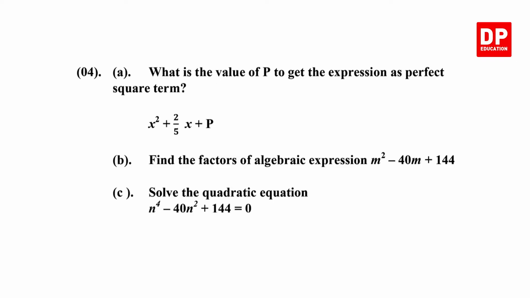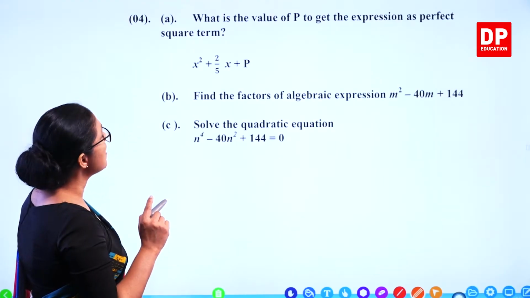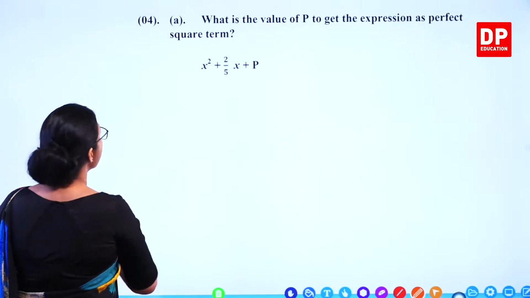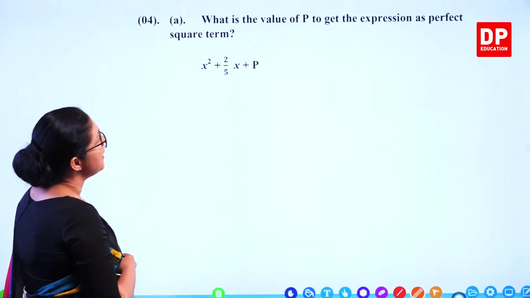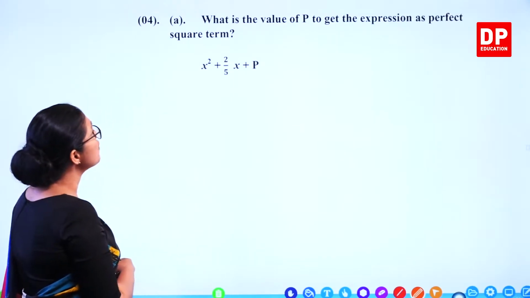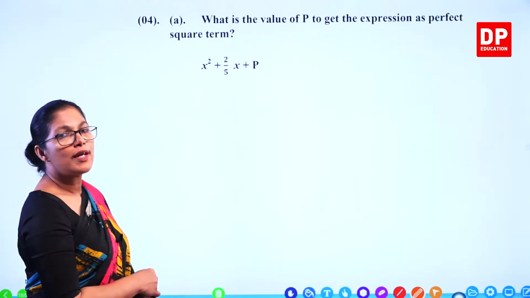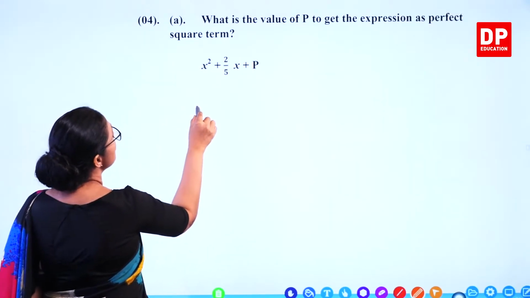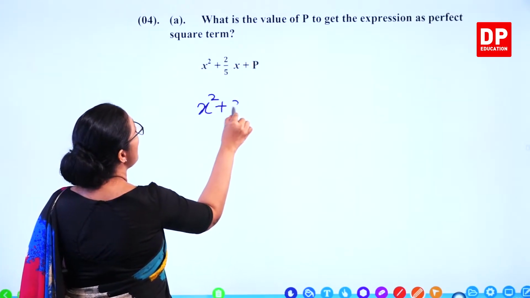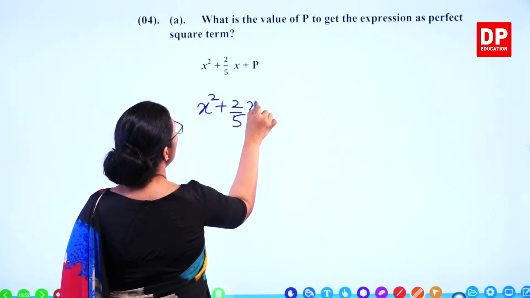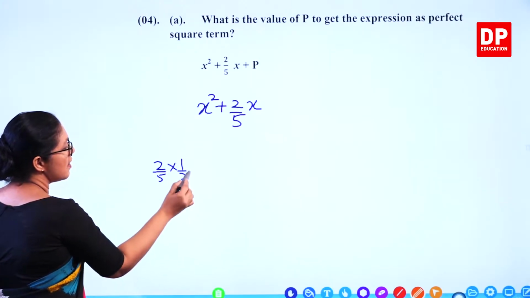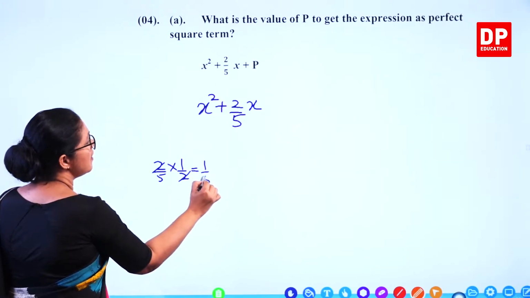Question number 4. It's about an algebra question. Algebraic expressions are there. You have to solve the quadratic expression. What is the value of p to get the expression as a perfect square term? How do you get a perfect square? What's the method? We divide the middle term by 2. That means you get 1 over 5, square it.